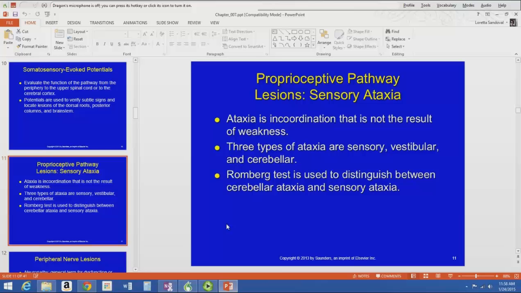Whether you have diminished sensation, so you're unable to have the proprioceptive exchange that allows you to coordinate movements. Vestibular and cerebellar we will talk about in those respective chapters. The Romberg test, and there's a video on the Romberg test, is used to distinguish between cerebellar ataxia and sensory ataxia.